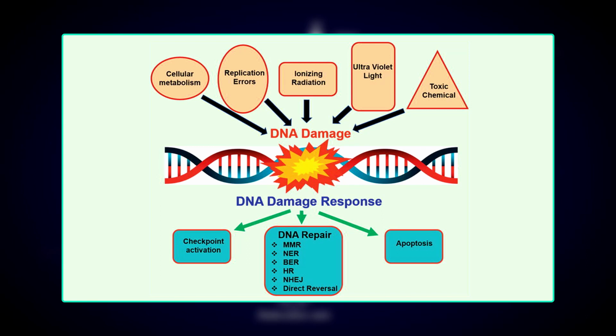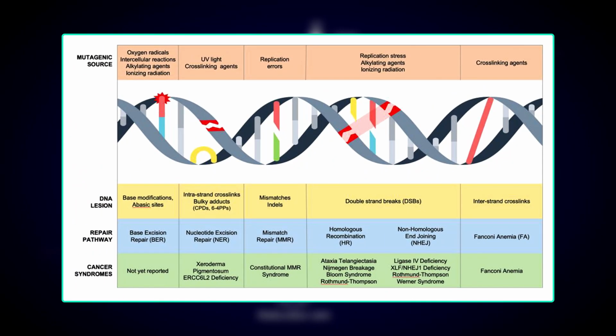As a consequence, eukaryotic cells have evolved a complex signaling network of repair processes known as the DNA damage response, or DDR. The importance of DNA repair mechanisms is highlighted by the existence of many devastating human syndromes that are caused by defects in DDR genes.